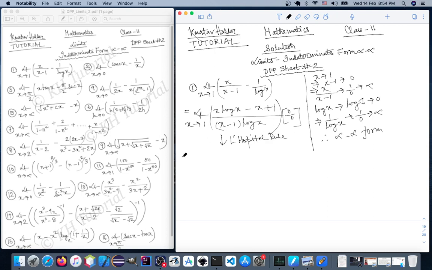And we get x by x plus log x minus 1, divided by x minus 1 by x plus log x. If we simplify this, 1 gets cancelled out. We get log x.